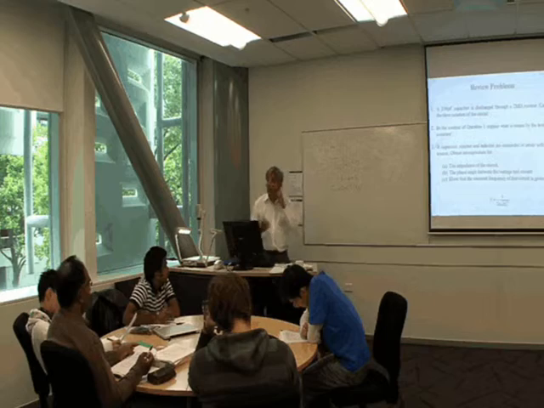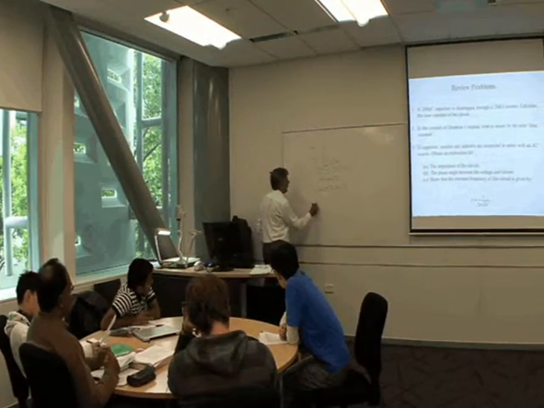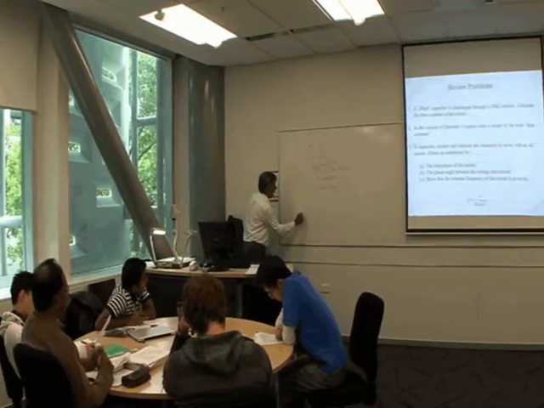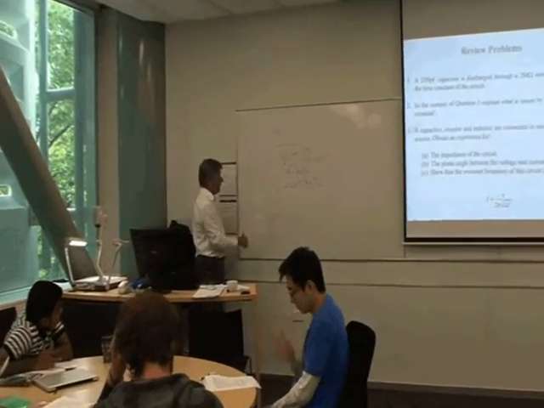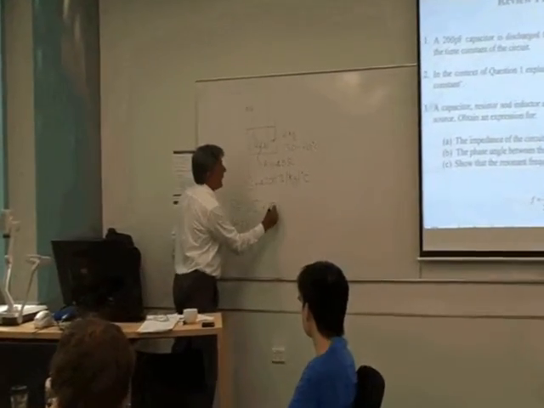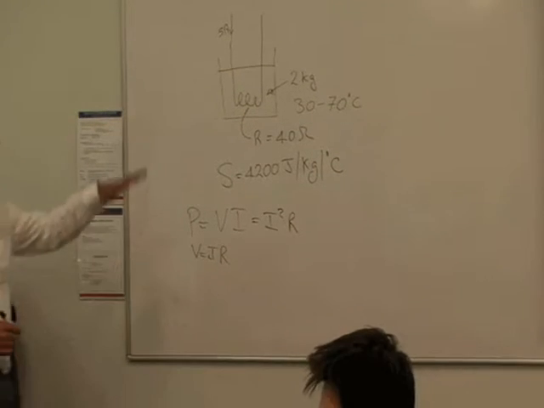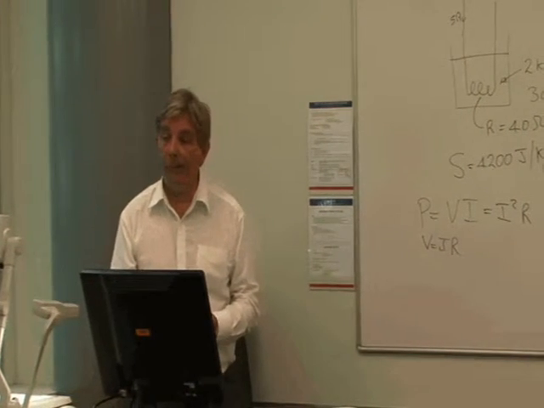Yeah, okay, but let's just do, we know that power equals VI, and we know that V equals IR, so we can plug that in to eliminate V, so it's I squared R. So that's the power supplied. Now the energy is the power times the time.